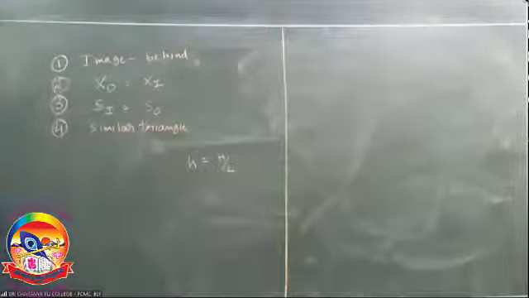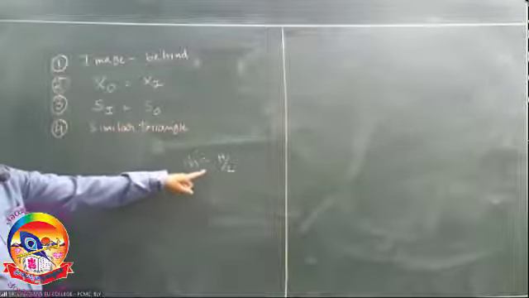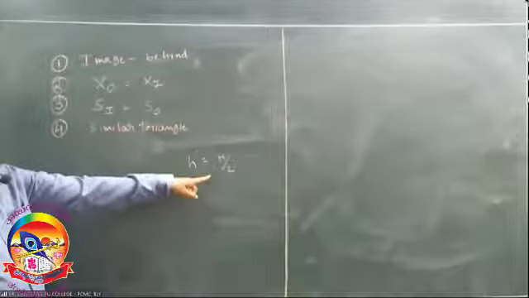If capital H is the height of the person, h dash is the length of the mirror to see the full image, h dash is equal to h by 2.